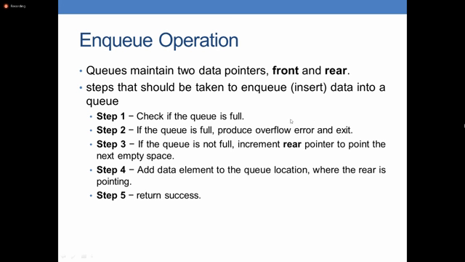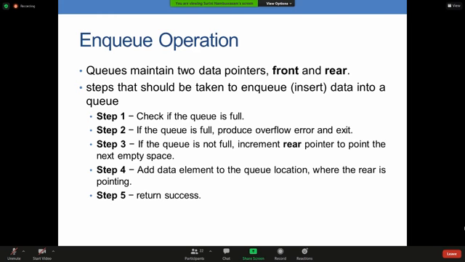If the queue is full, it should generate an overflow error and exit. Otherwise, if the queue is not full, increment the rear pointer to point to the next empty space. Then add the element to the queue location where the rear is pointing, then return success.